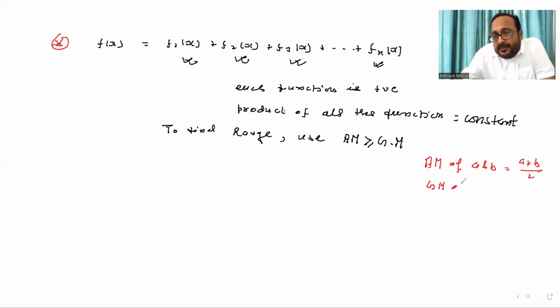Geometric mean of a and b will be ab to the power half.